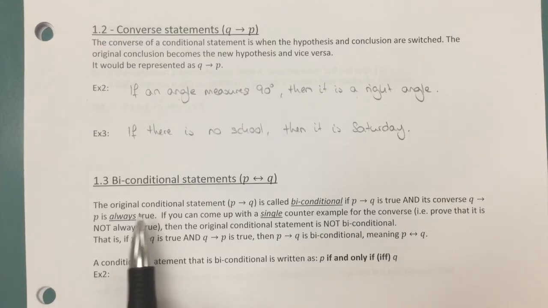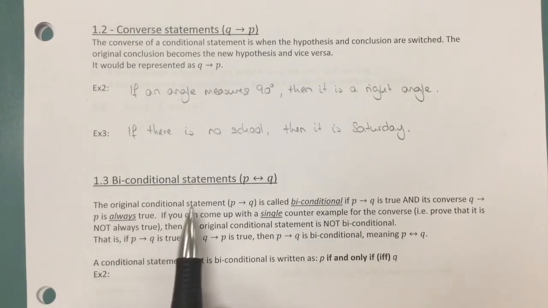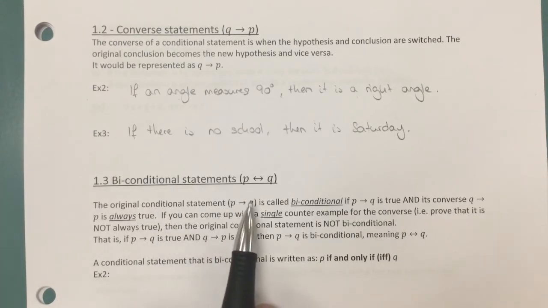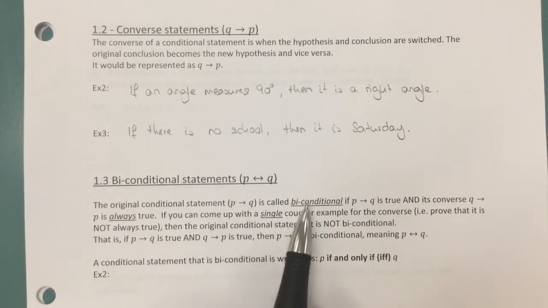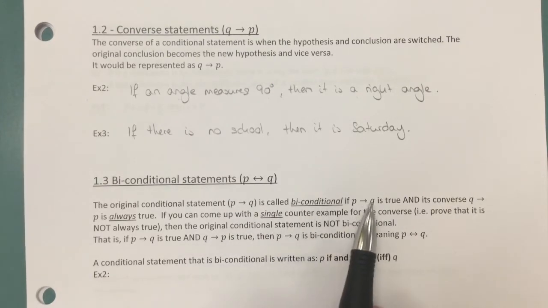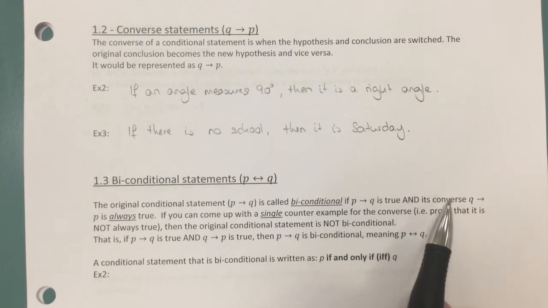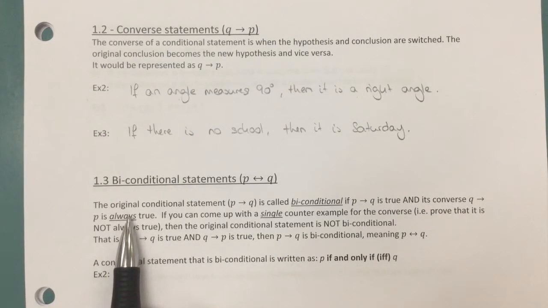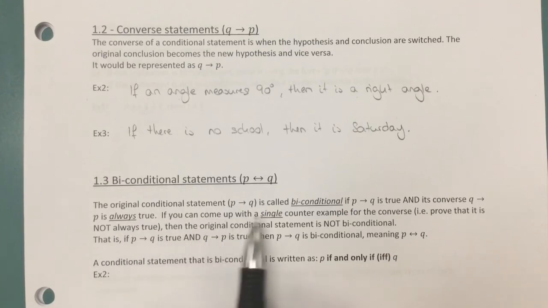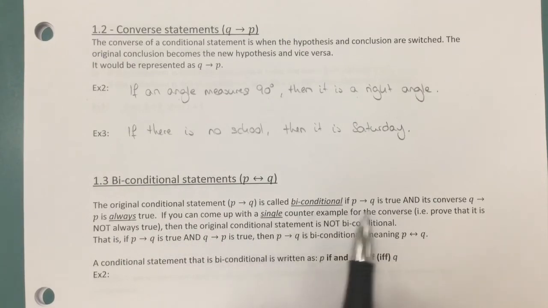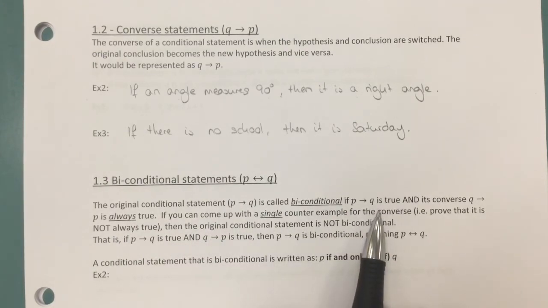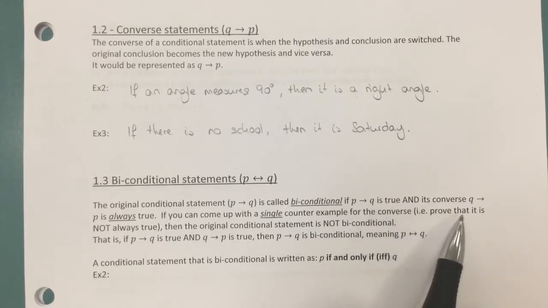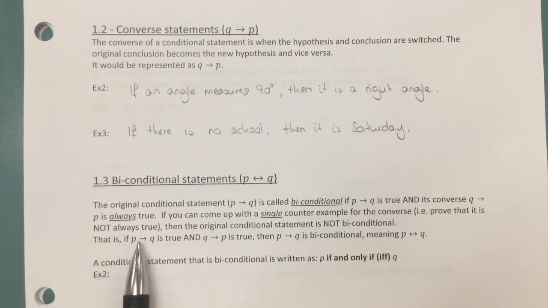So the original conditional statement, the one that we had on the previous page, is called biconditional if it is true as well as the converse is true, always true. But if you can come up with a single counterexample against the converse, meaning proving that it is not always true, then your original is not a biconditional.